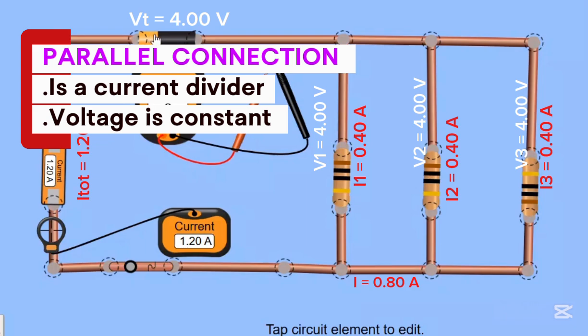Iyafana u-4,00, u-4,00, u-4,00, u-4,00. So all in all, a parallel combination is called a current divider, whereas u-series yena simbiza yi-potential difference divider okanye i-voltage divider. You need to know this. Thank you.